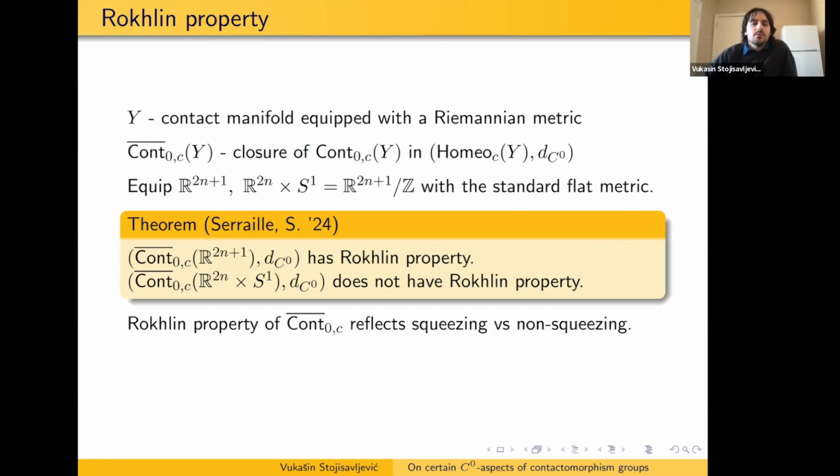The way we interpret this is that squeezing versus non-squeezing is reflected inside the group. In fact, I will show you the full proof of this theorem. It's completely elementary, and it relies heavily on squeezing versus non-squeezing, as you will see from the proof.